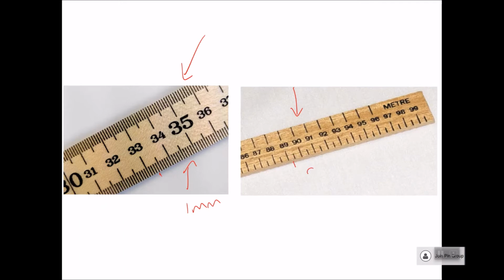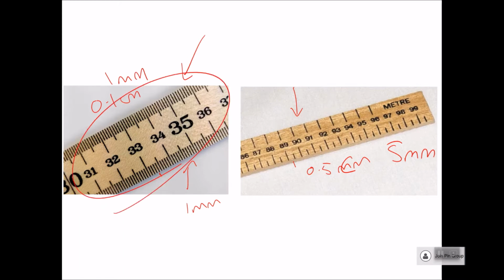So the resolution on this one is 0.5 millimeters, and the resolution on this one, 0.5 centimeters, and the resolution on this one, 0.1 centimeters, i.e. 1 millimeter and 5 millimeters. So this ruler would be good to use because it has a higher resolution. The detail you can measure is much smaller.